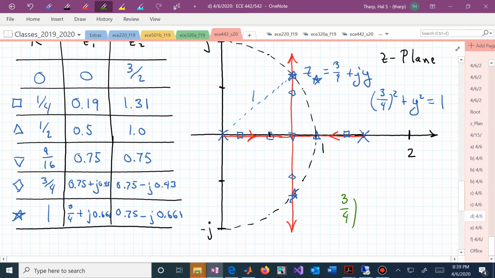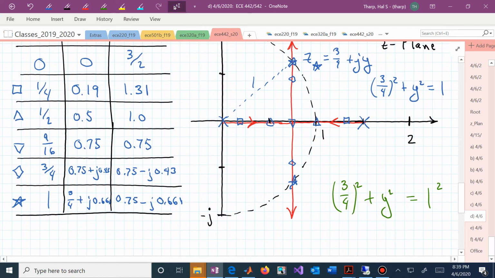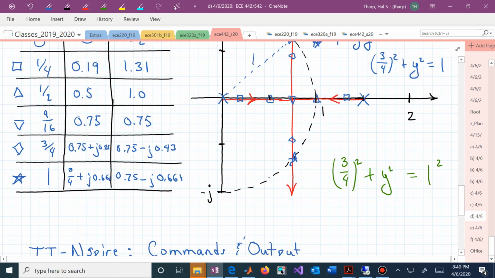We know the real part is 3/4. The imaginary part is y, and y squared is equal to the radius squared, which is 1. We have a squared plus b squared equals c squared. C is 1, a is 3/4, b is y. We can now solve that for y.